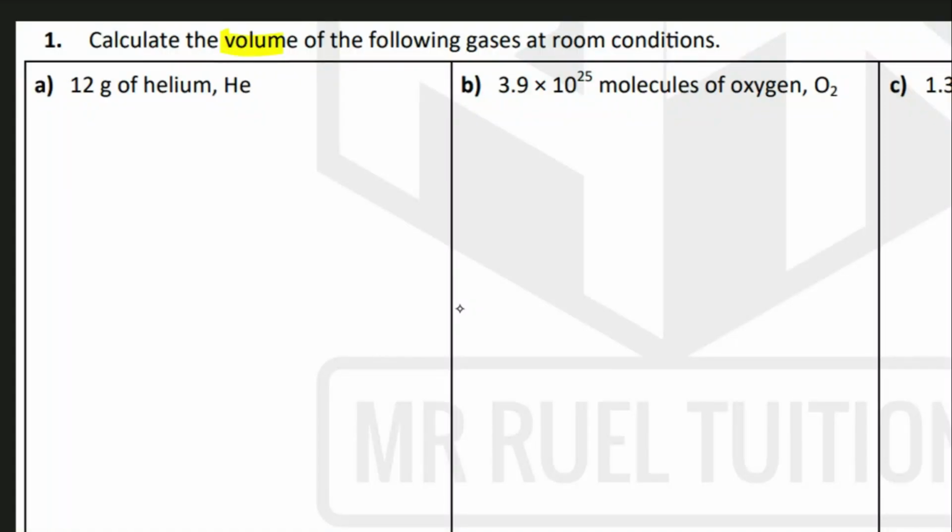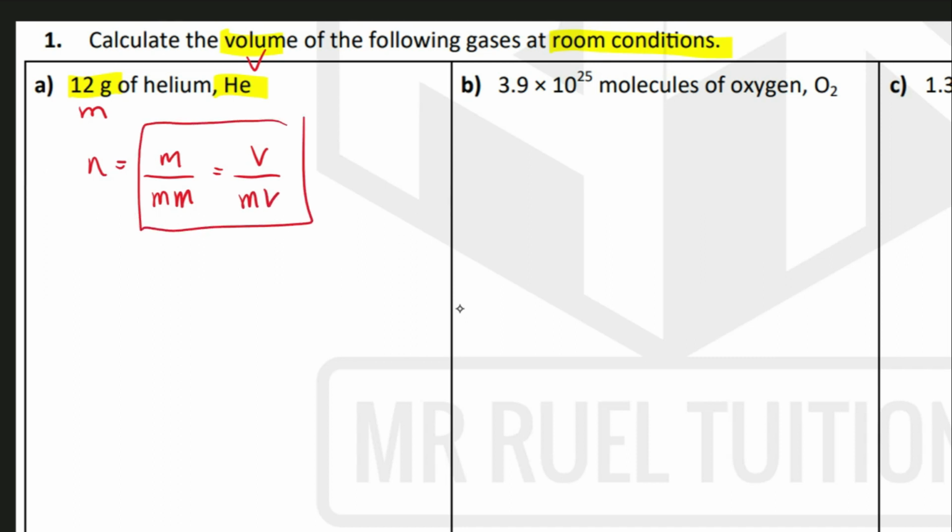Calculate the volume of the following gases at room conditions. We have 12 grams of helium. Here we are given the mass of the gas and we need to calculate the volume of the gas. How are these two tied together? By the mole, because the mole is equals to the mass over molar mass of gas, which is also equals to the volume over the molar volume of gas. So we can use this relationship. Now all we have to do is substitute our values in.